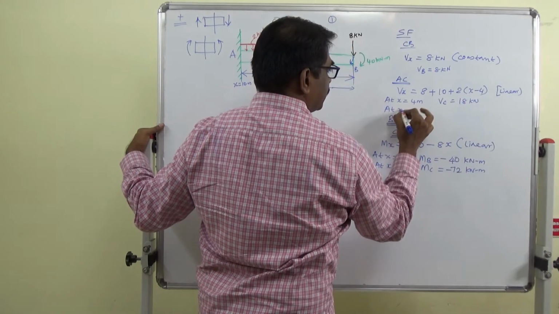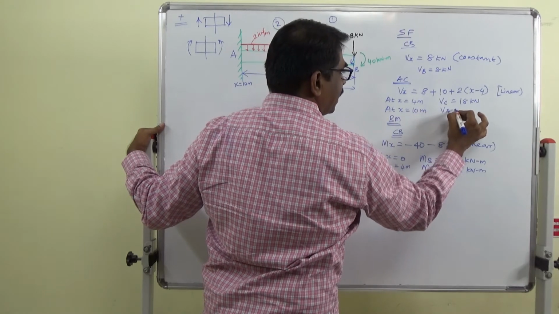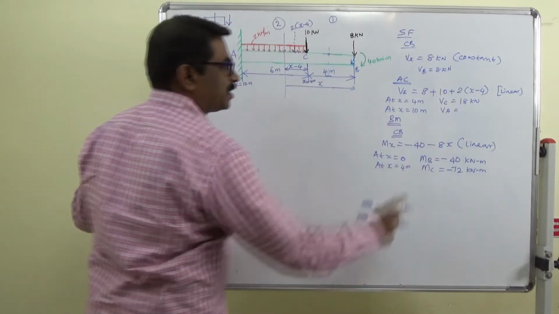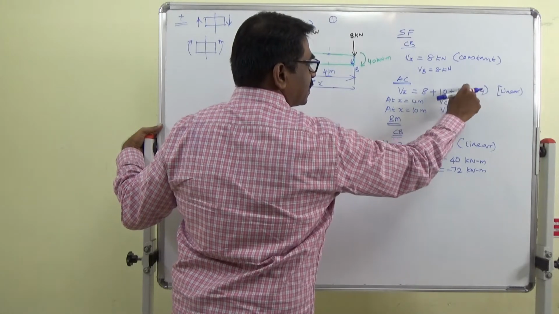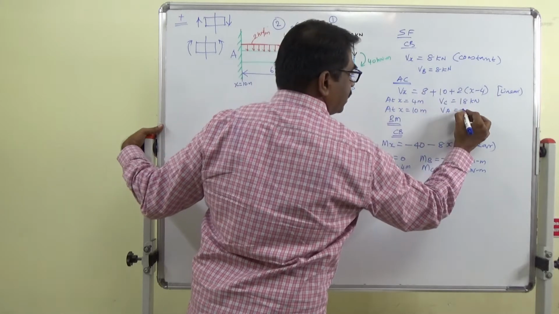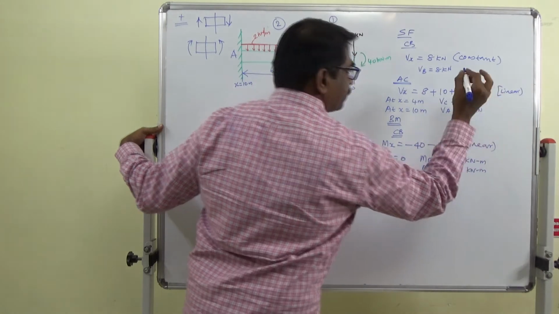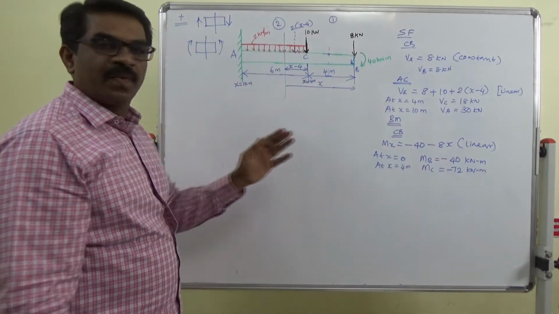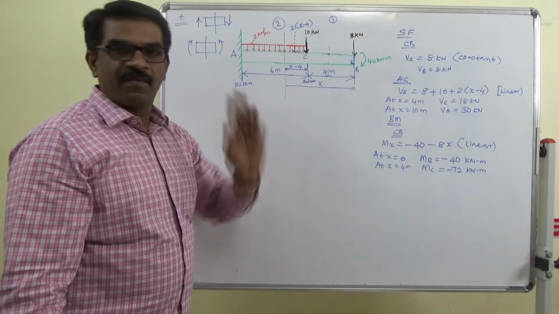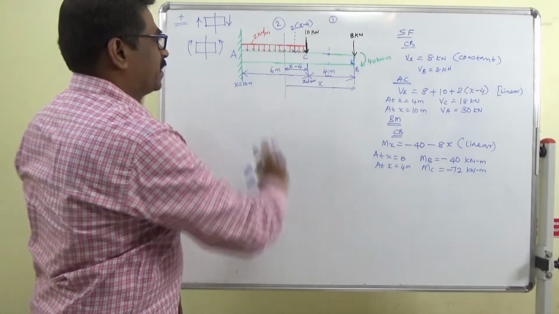At x equal to 10 meter, I am at A, substitute 10 here, 6 into 2, 12, 22, 30 kilonewton. So we have obtained all the values at the segments.